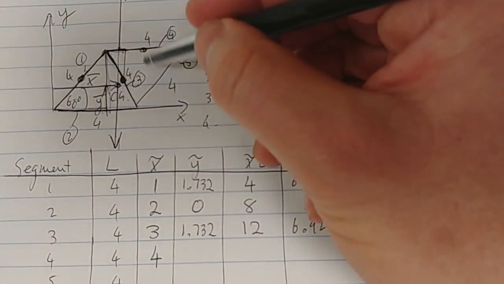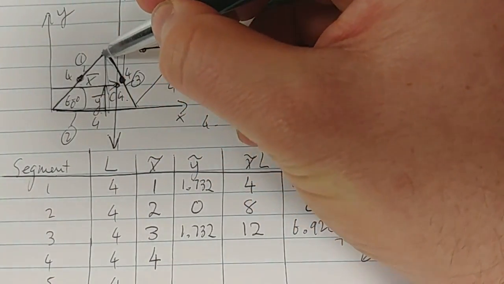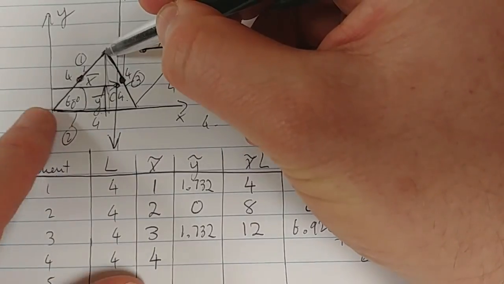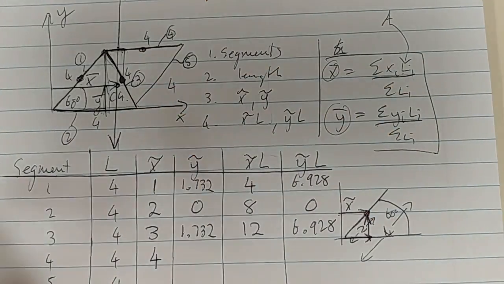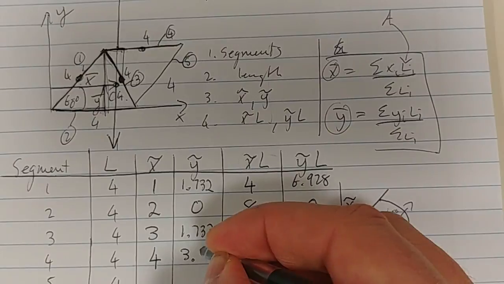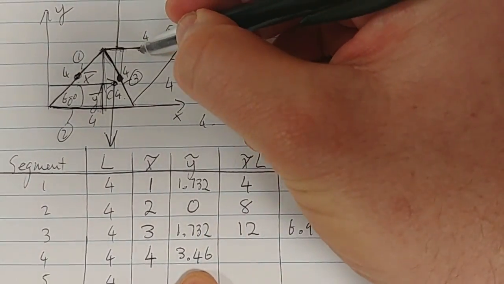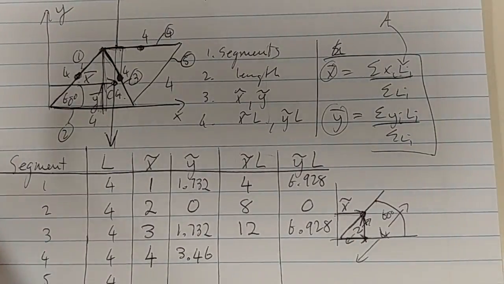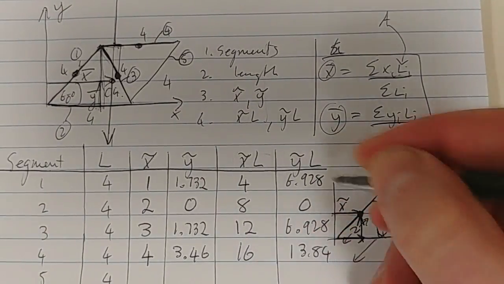And the height is going to be 4 sine 60, which is 3.46. That's the height of the centroid for that element. If we multiply everything out, we get 16 there, and 4 times 3.46, which is 13.84.